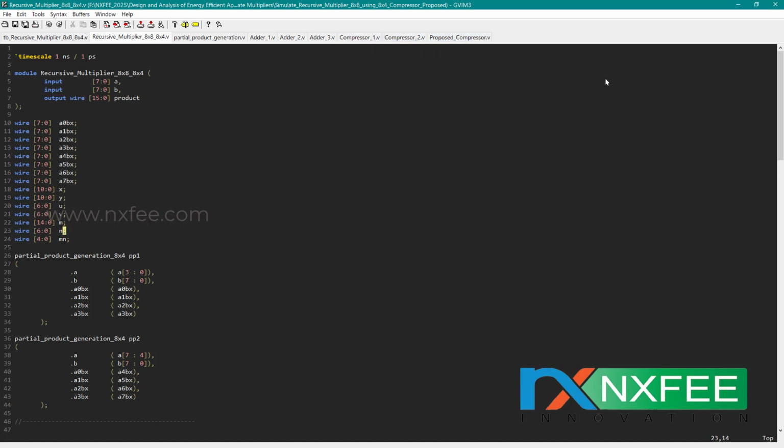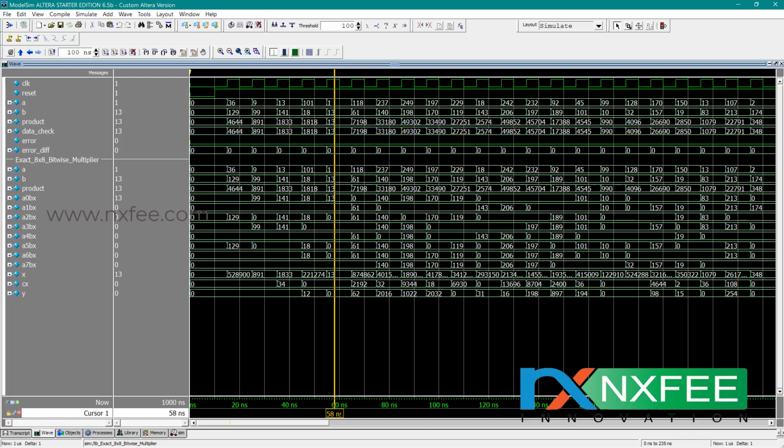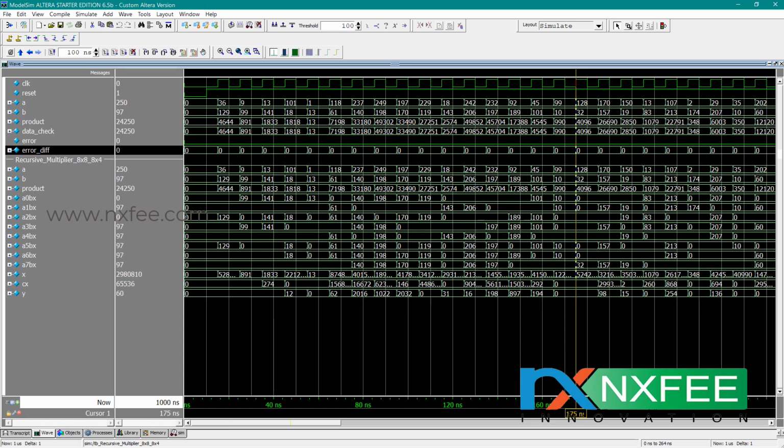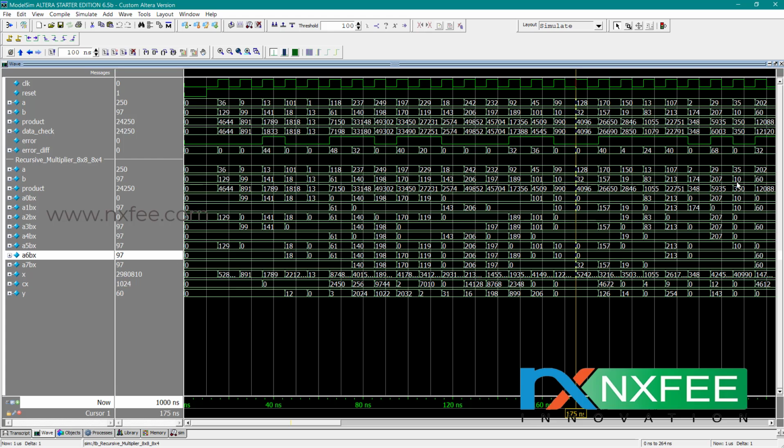So this is all the code we have developed, and these are all the simulation results. This is the exact simulation, this is the recursive simulation, and this is the recursive PBO. Here you can identify that an error difference appears in the PBO. Why? Because they used the OR gate.